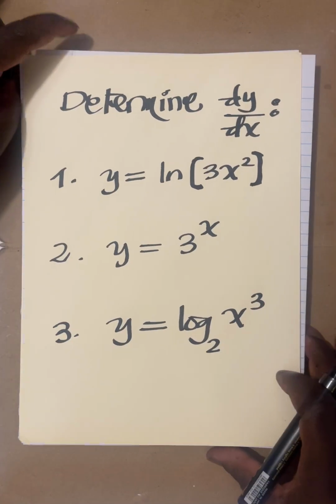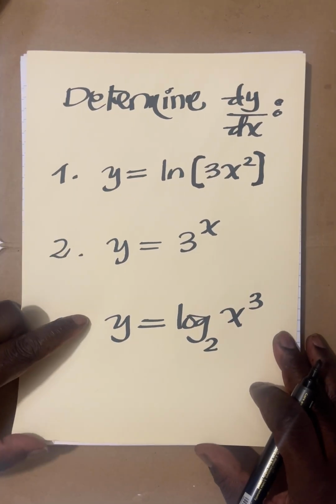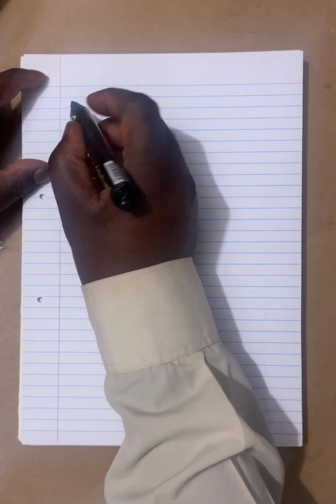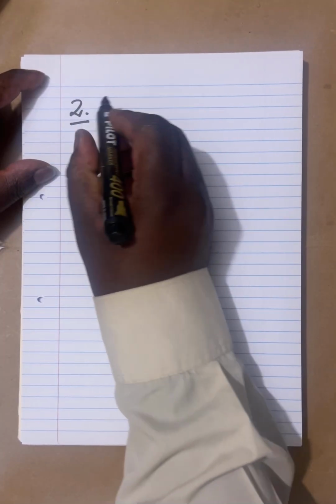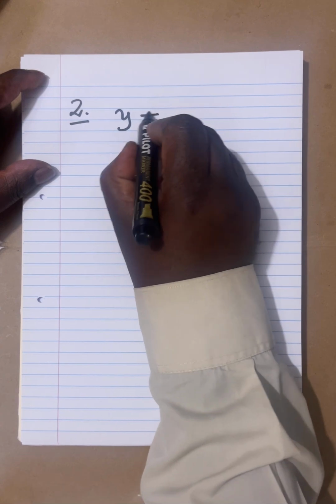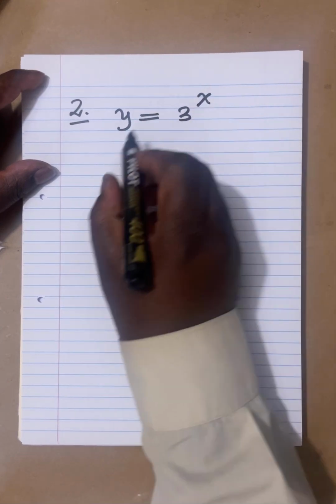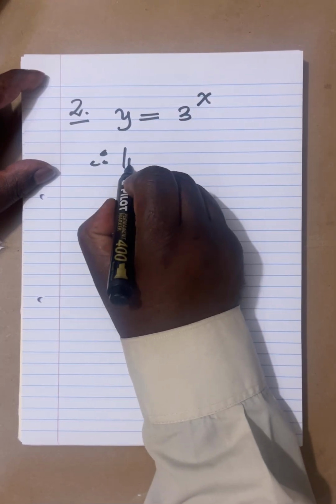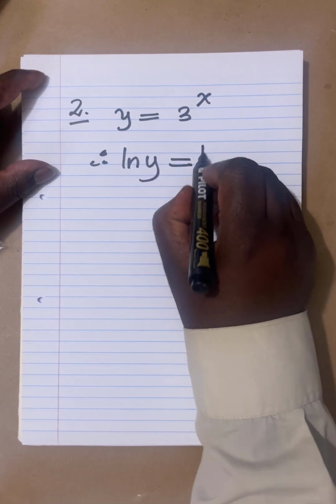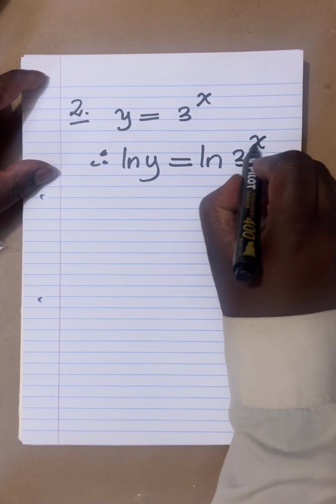So here is question number 2, y equals 3 power x. So I'm going to have to introduce natural log to both sides. So we have y is equal to 3 to the power x, and then we're going to say, therefore, natural log of y is equal to natural log of 3 power x.